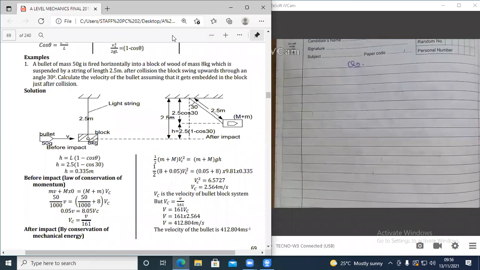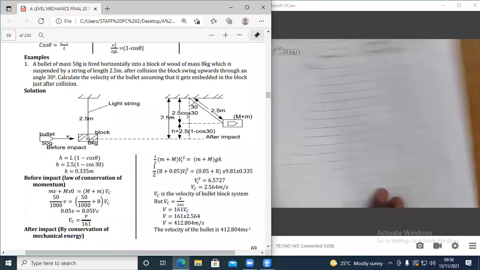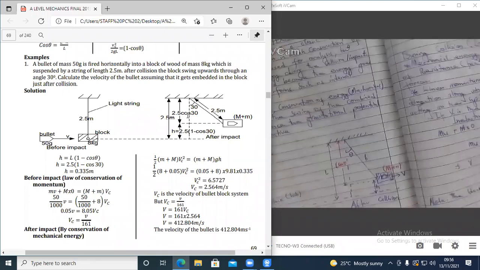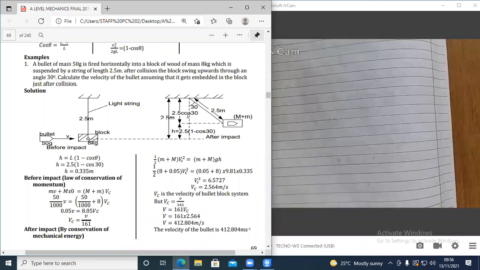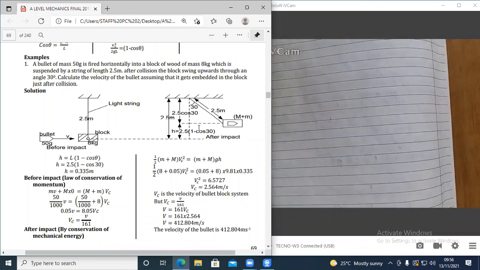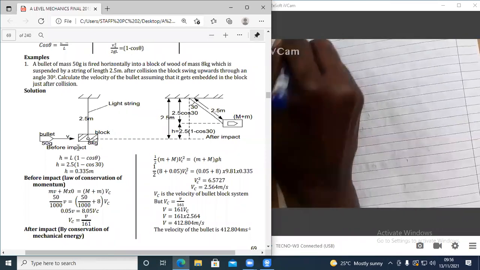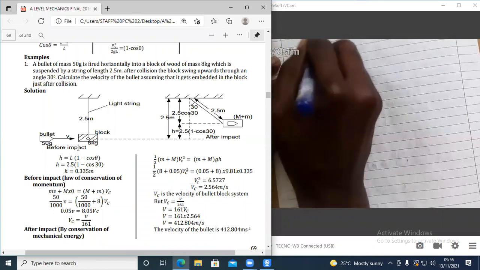So can you work it out? Just like we have sketched, I don't need to repeat that. But when you are answering the question, you have to draw exactly what you are seeing on the screen. The mass of the wood, capital M, was given to be 8 kilograms.